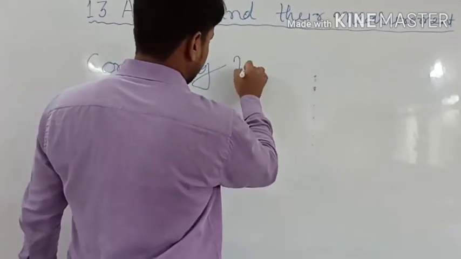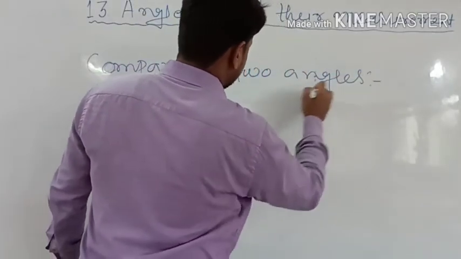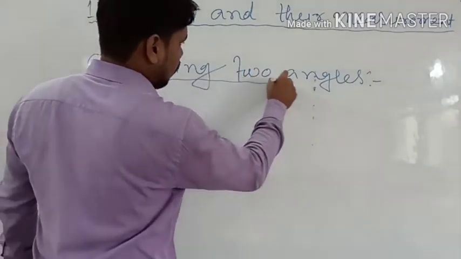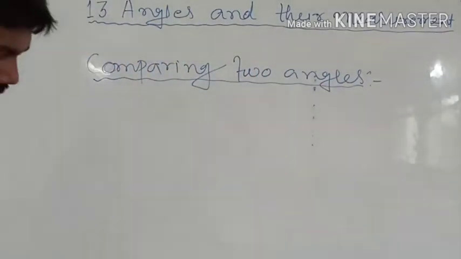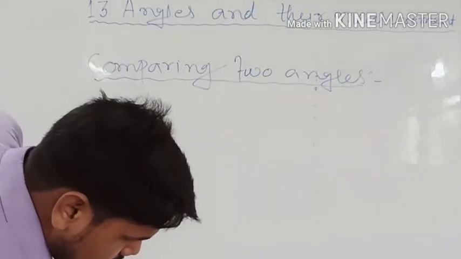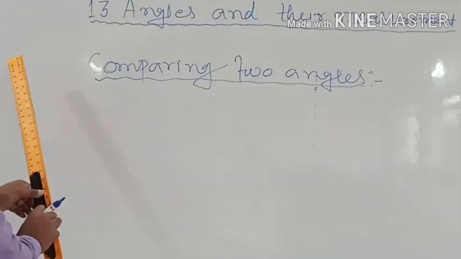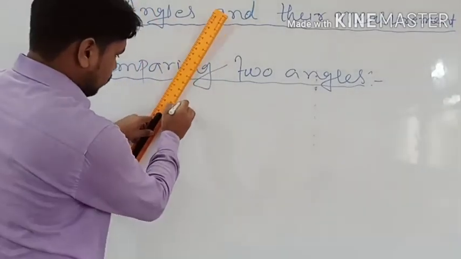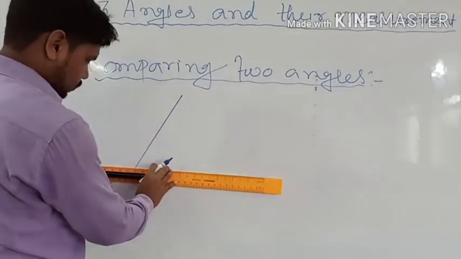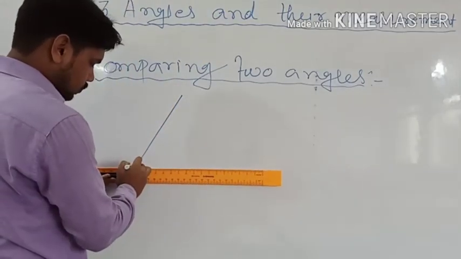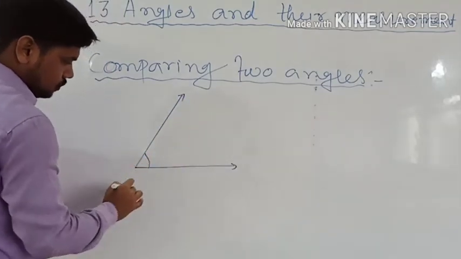Comparing two angles. Suppose two angles are given. So how can we compare, out of these two angles, which one is greater and which one is smaller? How can we tell that? Suppose I am drawing two angles first. Suppose this is one of the angles.